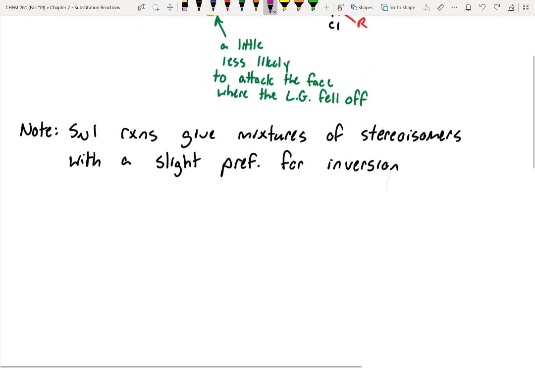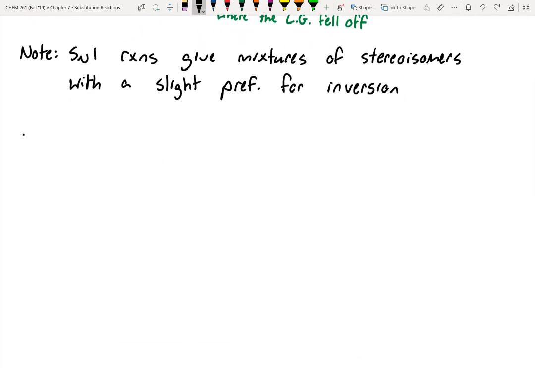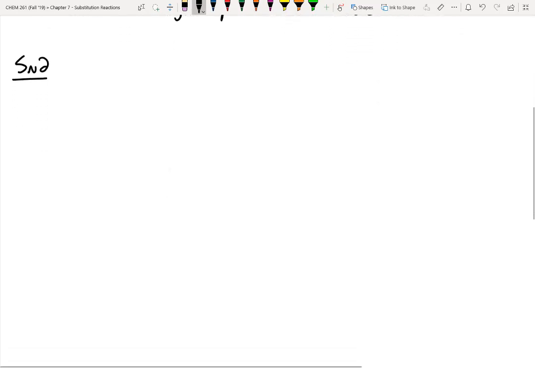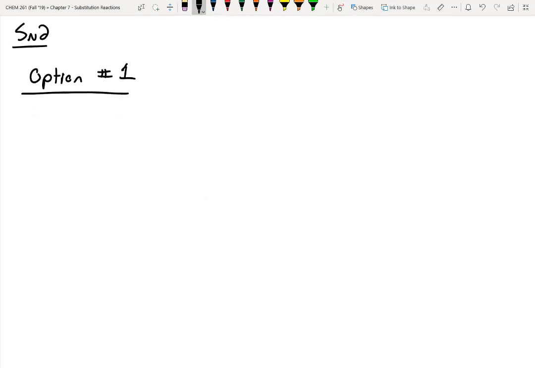All right, now let's take a look at SN2. SN2 is a little bit trickier. With SN2, I'm going to give us an example molecule.